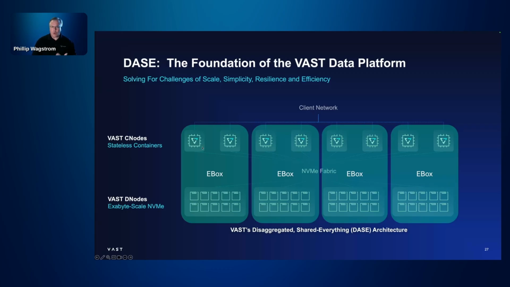The C node component is still stateless. So if that portion has a problem, we can take it down and bring it back online. Obviously, because this is all in the same physical chassis, the loss of one of these does have an impact on the availability of the SSDs in the back end. So the E-boxes have different rules in terms of how we add things, specifically when we're configuring a cluster of E-boxes and we want to establish one or expand it.